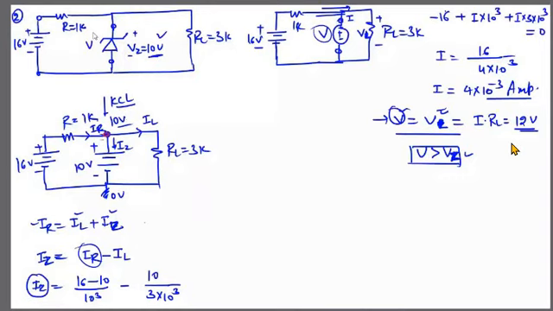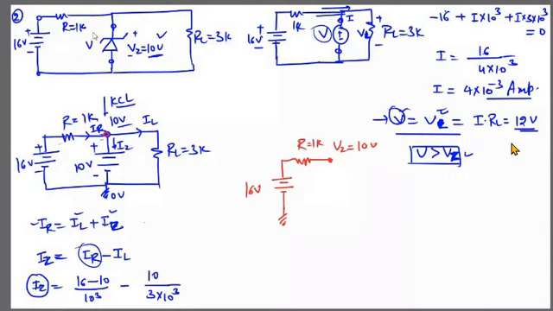So we will keep this current outside of this branch, the whole branch outside. This is 16 volt. This is R equals 1 kilo ohm, and this is VZ equals 10 volt.